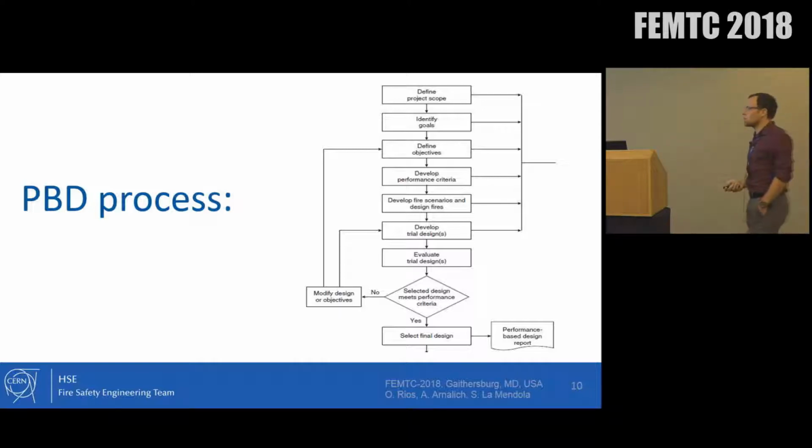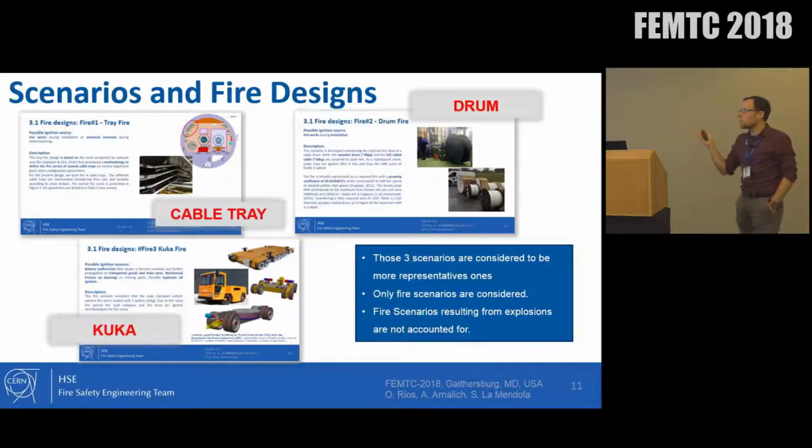In the FCC study that we conducted, we designed 3 different fire scenarios. The first one, which we call fire 1, was a cable tray fire. The second scenario was a drum fire, these large drums that are lowered into the tunnel in order to install the cabling. And the fire number 3 is the transport means.